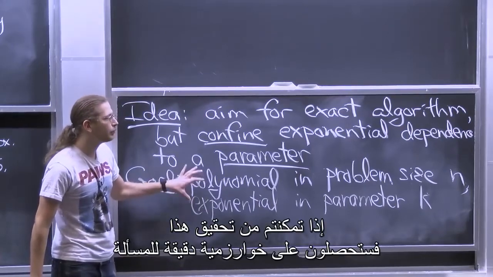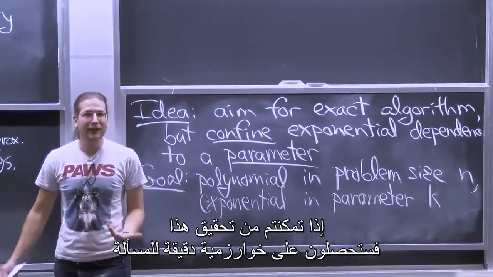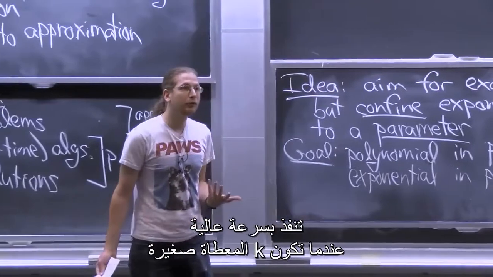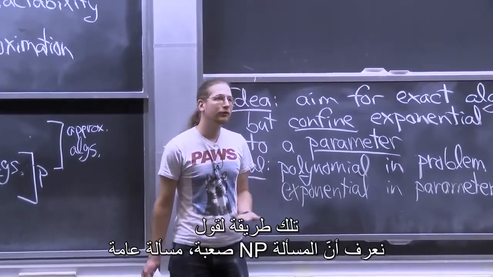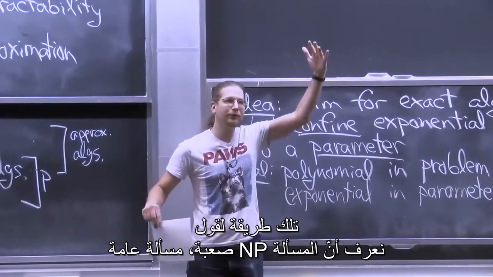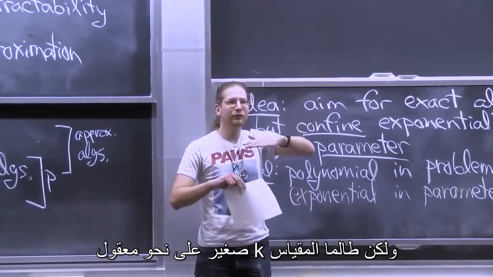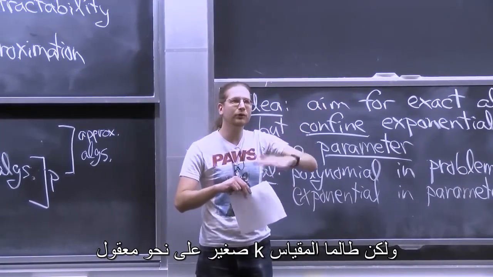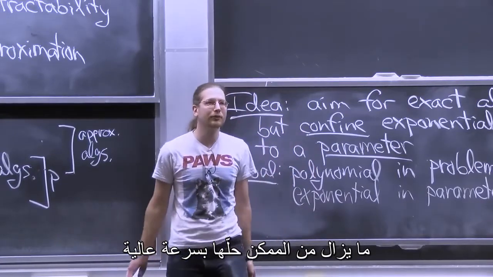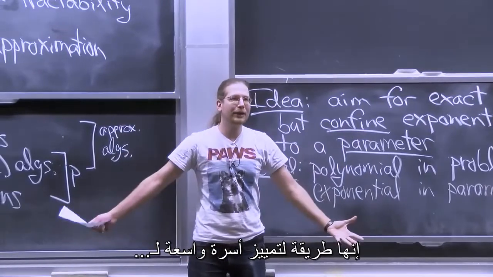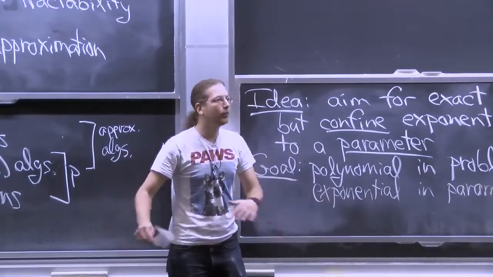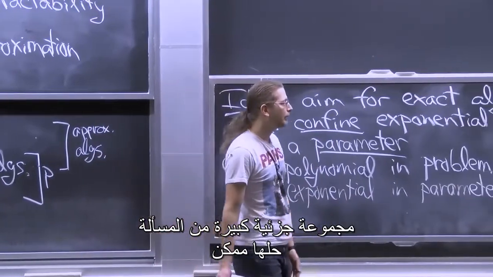If you can achieve this, what you get is an exact algorithm for your problem that runs really fast provided k is small. So this is sort of a way of saying, the problem is NP-hard in general, but as long as this measure k is reasonably small, I'm still able to solve it really fast. So it's a way of characterizing a big subset of the problem that you can solve.